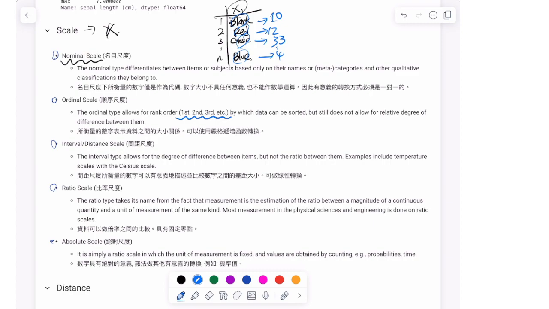So again, you can order them, but the difference might not be the same between different rank orders.